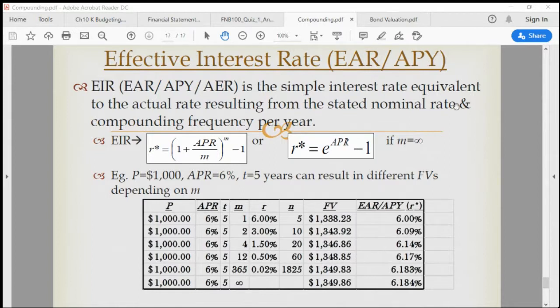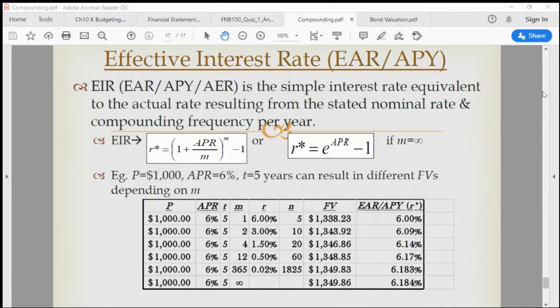So now, our next question is, the APR is the rate, or the quoted rate, right? The quoted interest rate. In other words, that's the nominal interest rate.